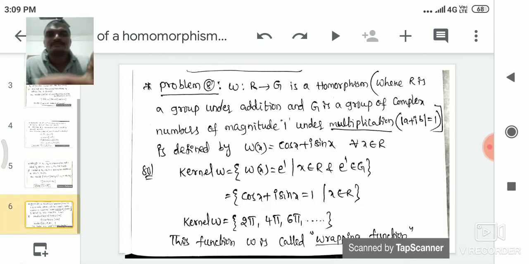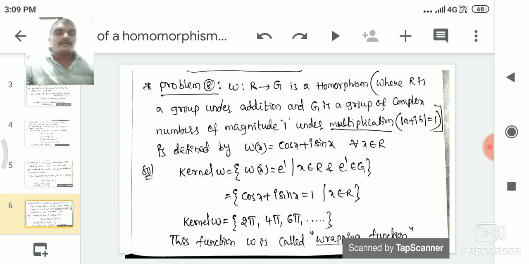And the next problem. Here W is a mapping from R to G, a homomorphism, where R is a group under addition and G is a group of complex numbers of magnitude 1 under multiplication. So the second group G is a group with respect to multiplication.